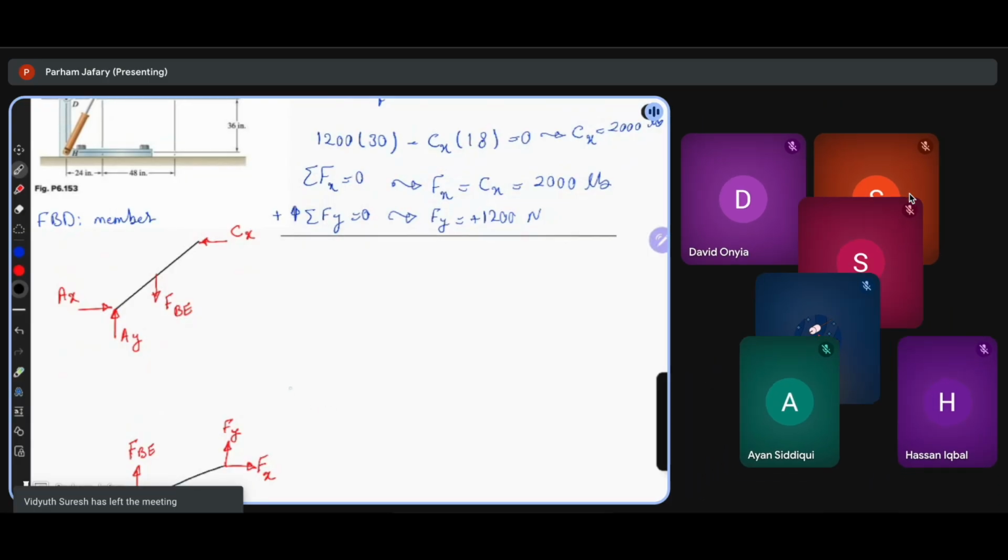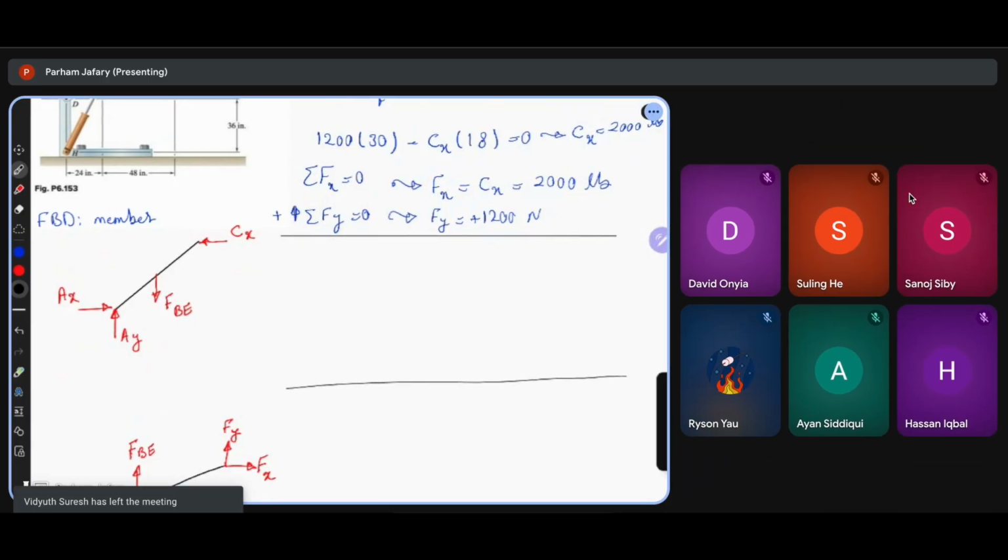Okay, what can I write for this free body diagram? Moment around A, why? Yeah, exactly.